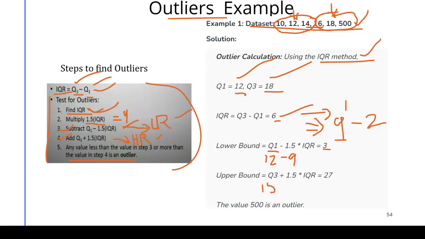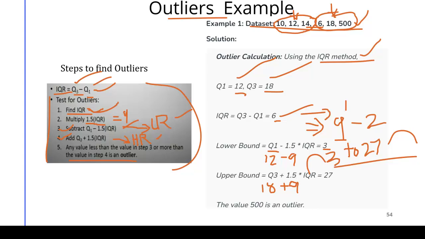So 18 plus 9 is 27. So the range of observations is 3 to 27. Only values that lie between 3 and 27 will not be considered outliers. If a value is below 3 or greater than 27, then it will be considered an outlier.